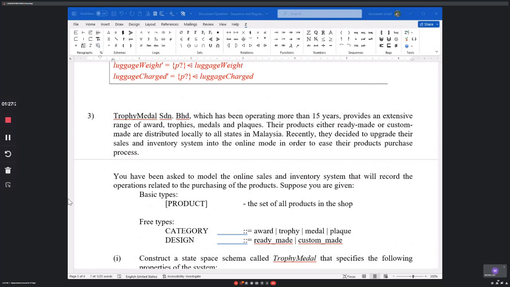When it comes to the error scenario, it will be related to your scenario just now, to the operation schema that you already did in your question number two.